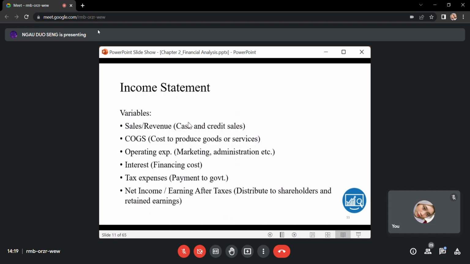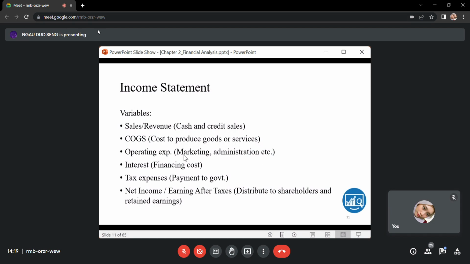Alright, okay. So income statement kita ada sales revenue, right? This one ada cash atau credit sales lah, right? Credit sales adalah you allow customers to pay later lah. And cost of goods sold, cost to produce goods or services, operating expenses, contoh operating expenses adalah marketing, administrative.